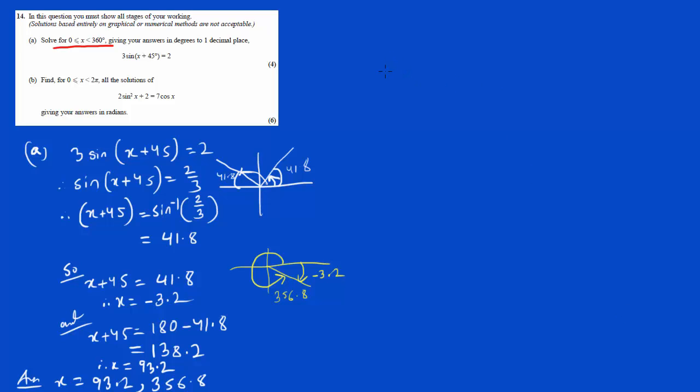Question number B. Here we have a quadratic equation: 2 sine squared x plus 2 equals 7 cos x. Now, first of all, remember we have to use the trigonometric identities. The trigonometric identity is sine squared theta equals 1 minus cos squared theta. So instead of sine squared theta, we can write 1 minus cos squared theta.